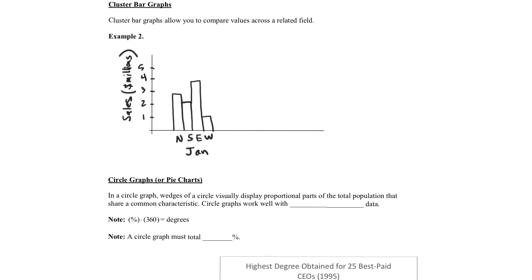Then you've got February sales. Let's say sales are looking better in February for most regions. Let's say the west did much better here. So north, south, east, west. This is February.